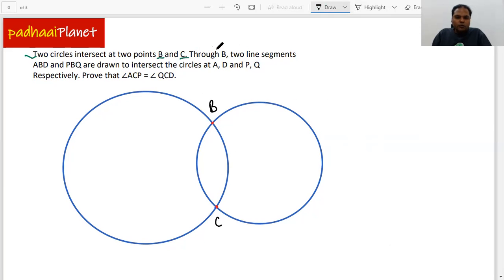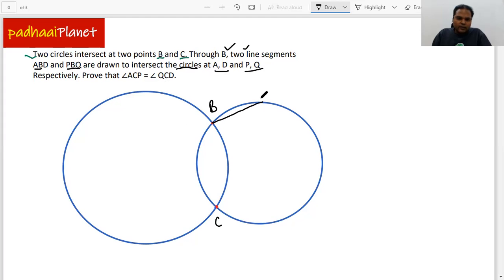Now what they're saying is that through B, there are two line segments, ABD and PBQ, which are drawn. And these two line segments are intersecting the circles at A, D and P, Q. So let's draw this, and that is most important in this question.